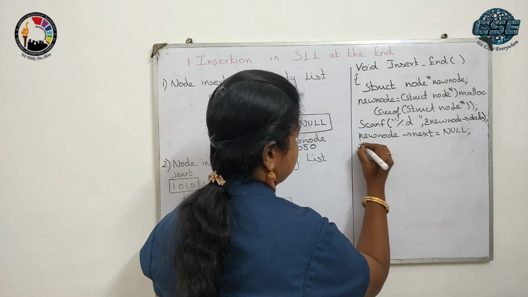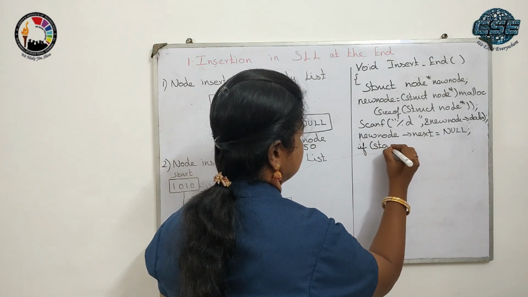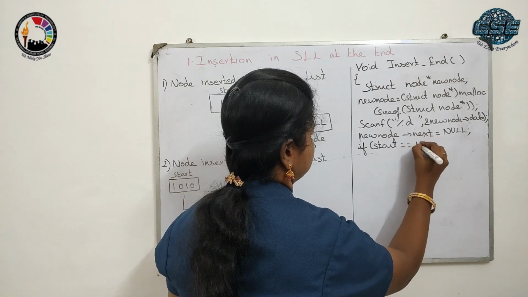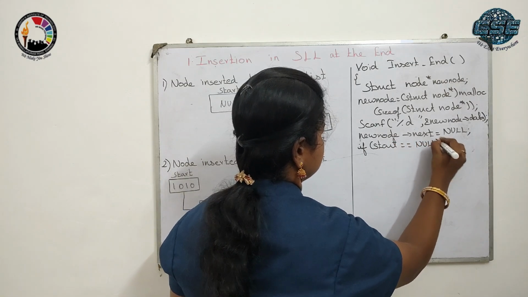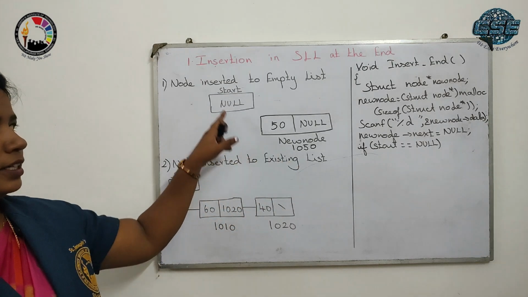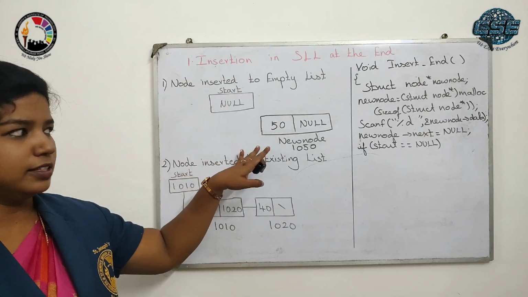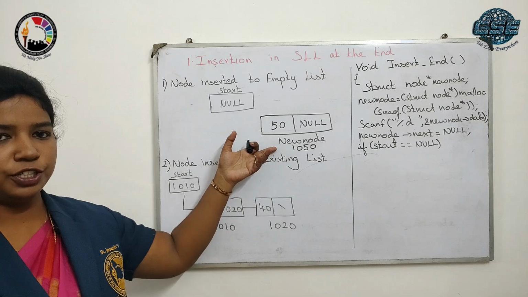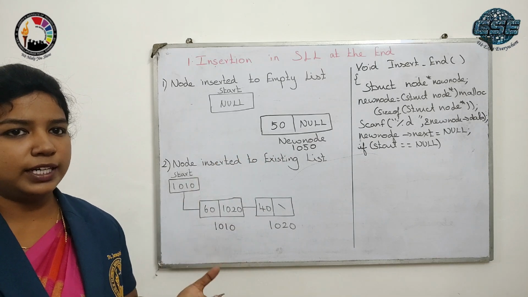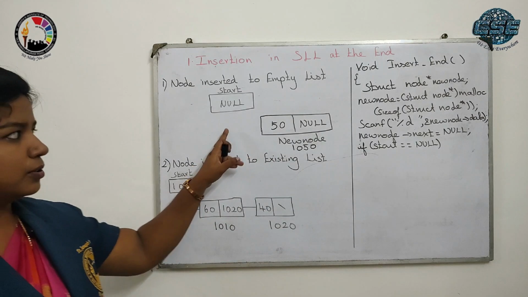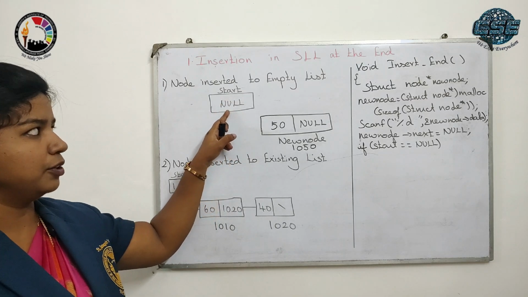So if start is equal to null, then it denotes that there is no node in your linked list. So the new node we have created is the only node we are going to insert. Just change the value of your null.